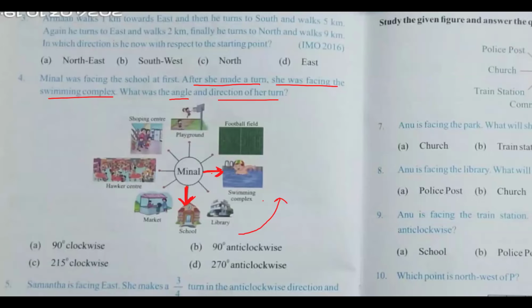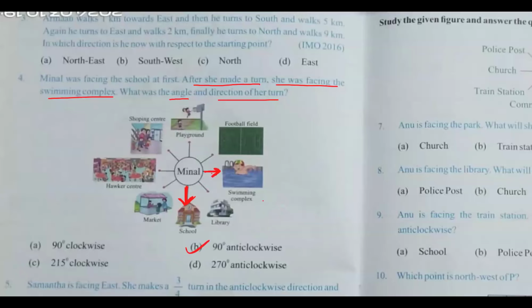Very nice, correct. Both of you are correct. This one turn will be 45 degrees and another turn another 45 degrees. That together makes 90 degrees. So one option can be 90 degrees anti-clockwise. We already have it in the options. Option B, 90 degrees anti-clockwise, will be the correct answer.